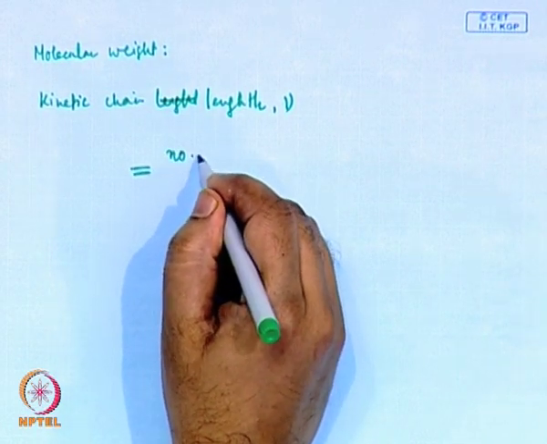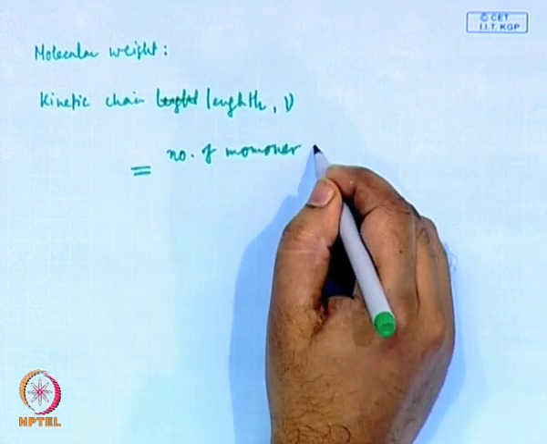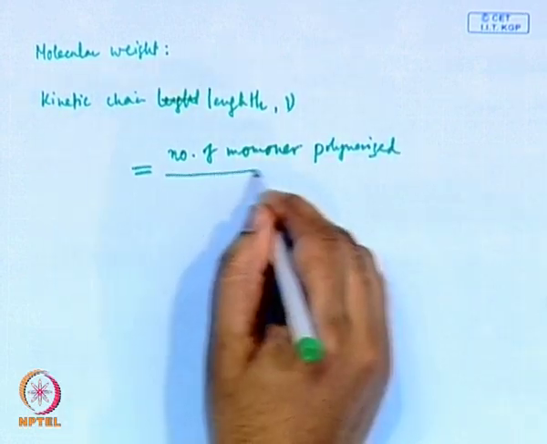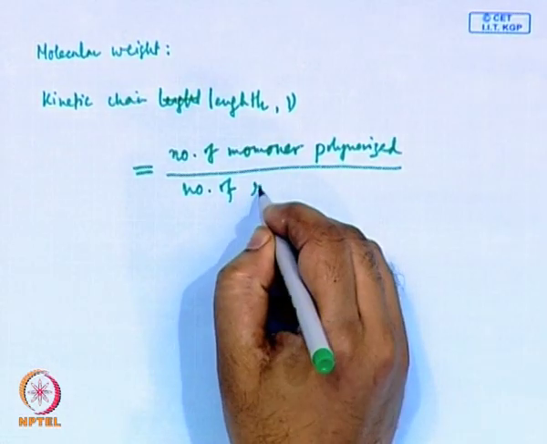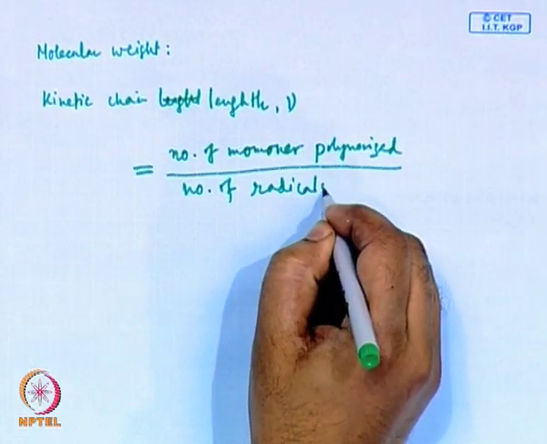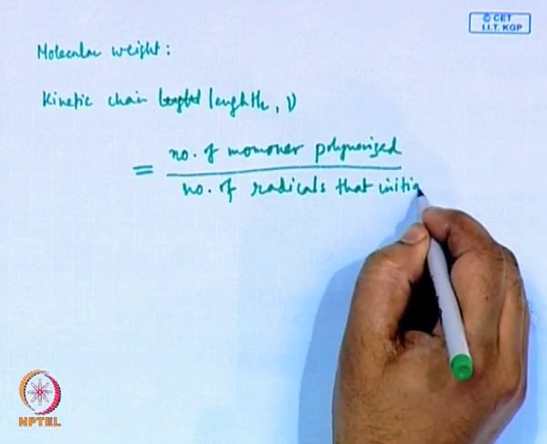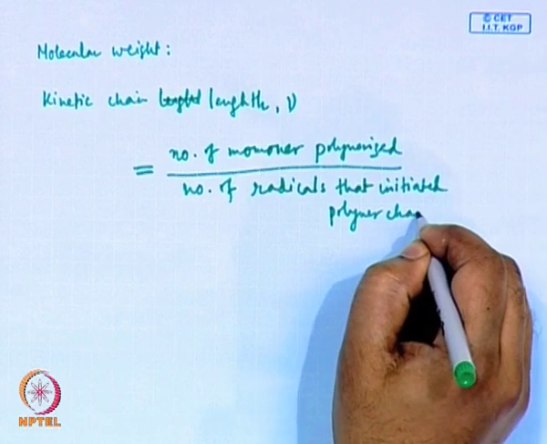We can write it as the number of monomers that polymerized divided by the number of radicals that initiated polymer chain.